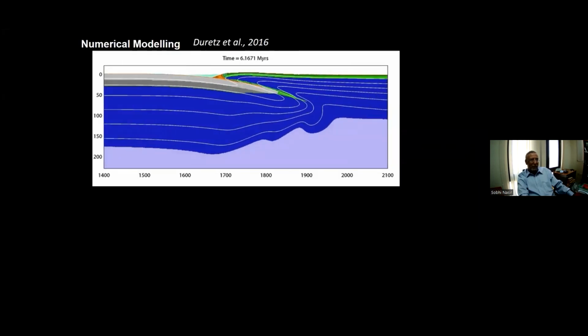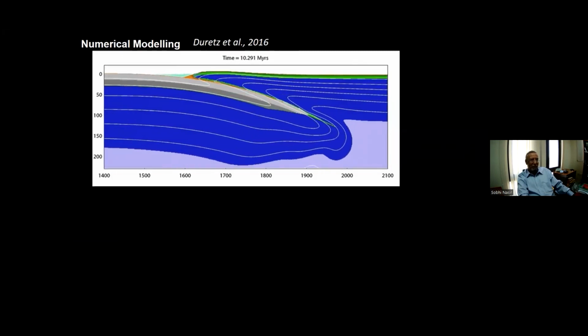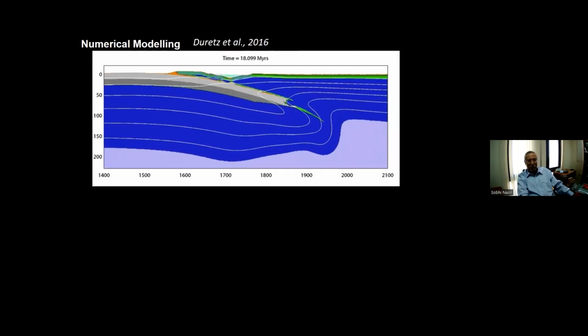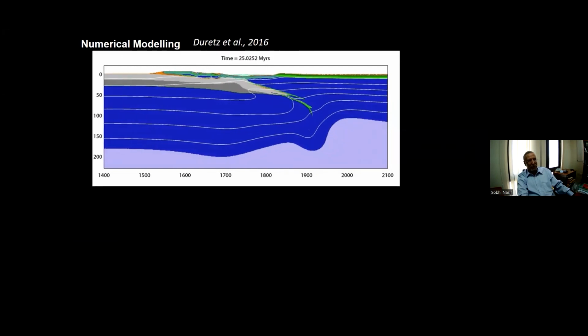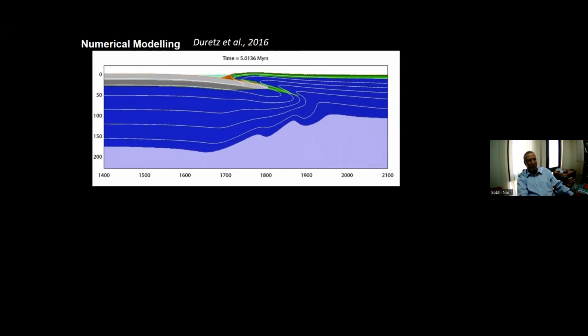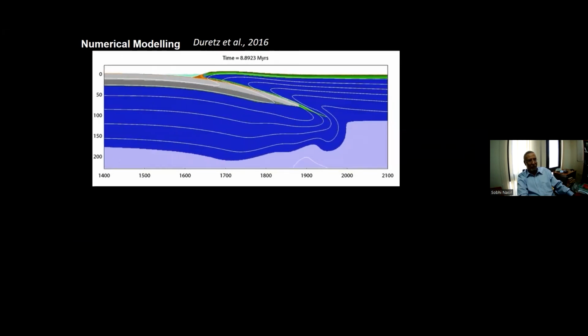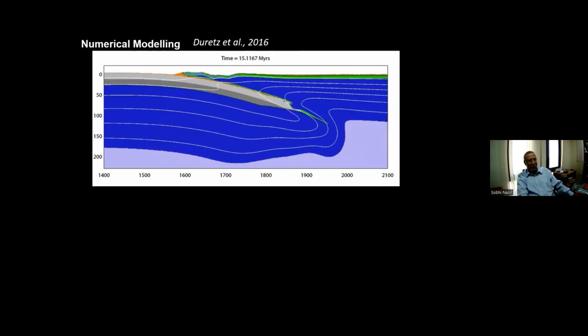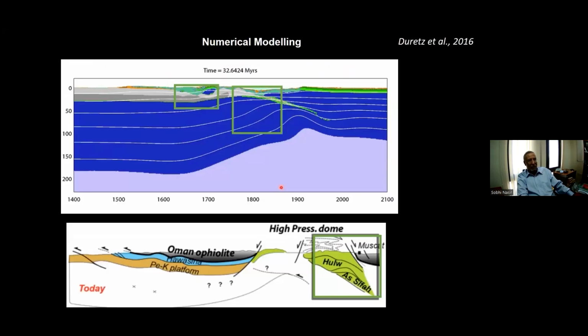And this is just a numerical model of the subduction done by Duretz et al. 2016, showing how the subduction is initiated. And this is actually the real situation here in Oman.